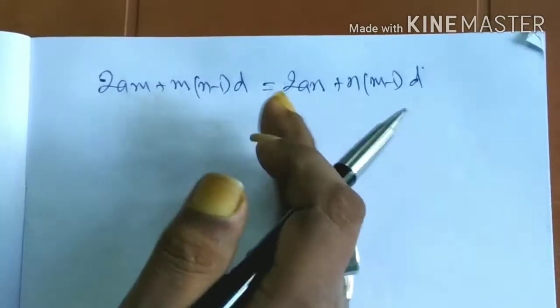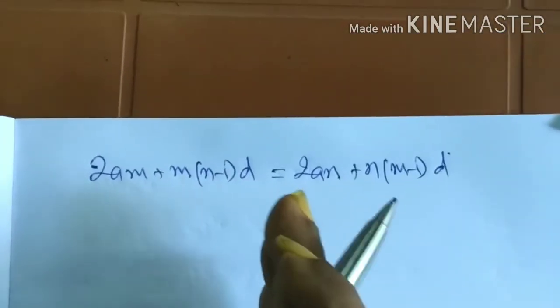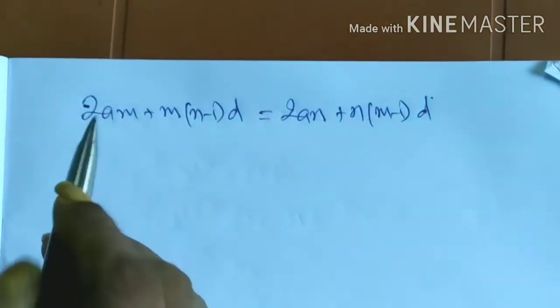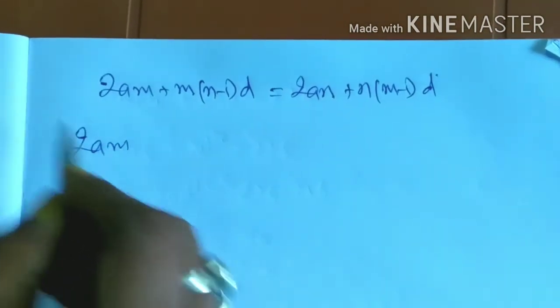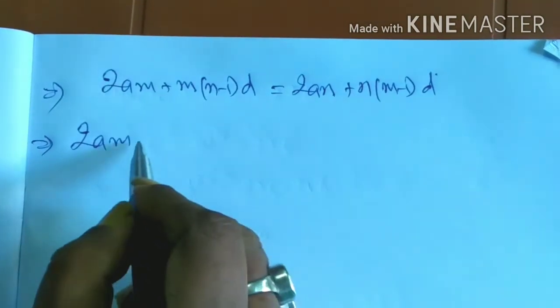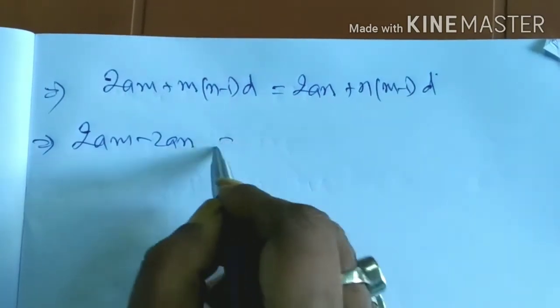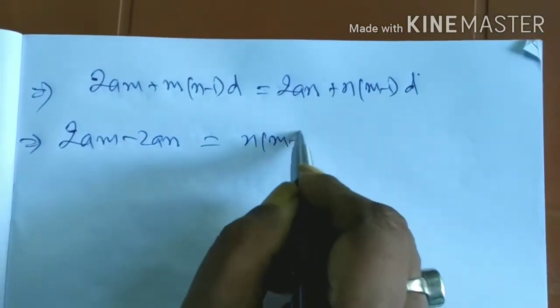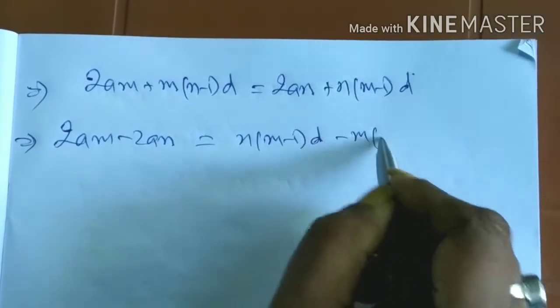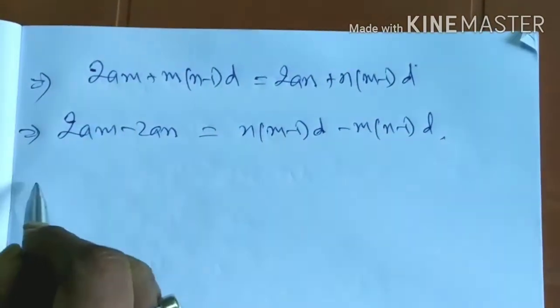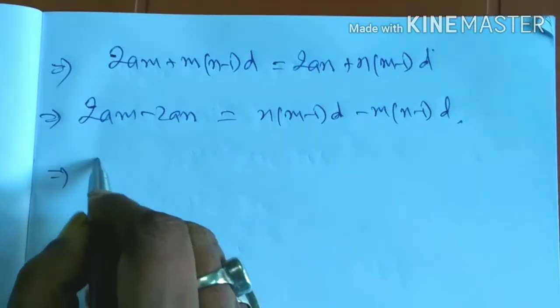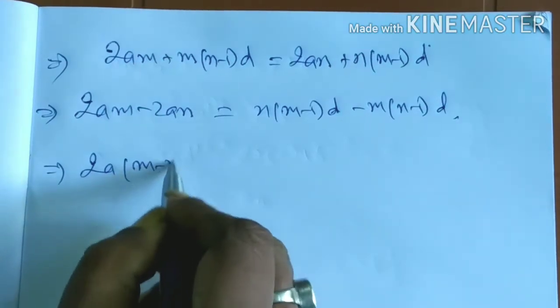I'm going to shift a to one side and d to the other side. 2am minus 2an is equal to n into m minus 1 d minus m into n minus 1 d. Here your 2a is common, m minus n.